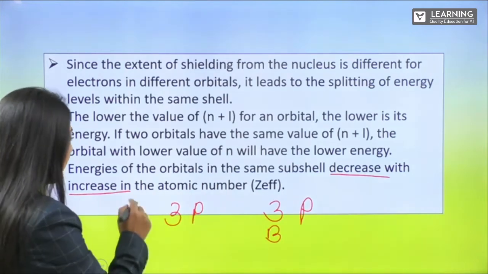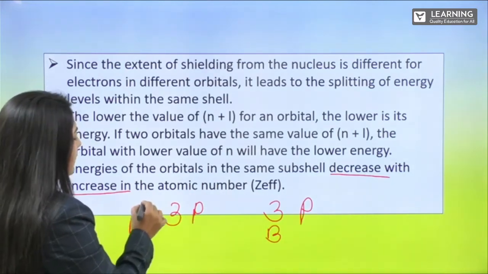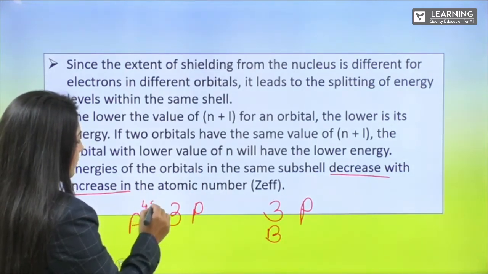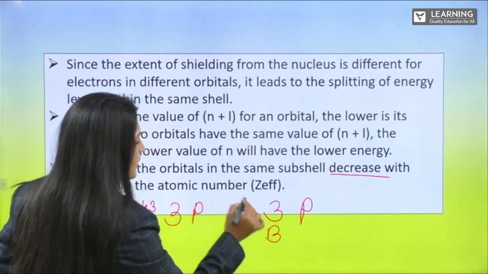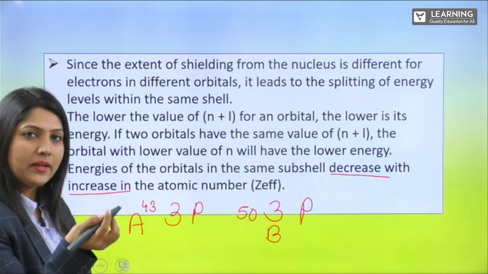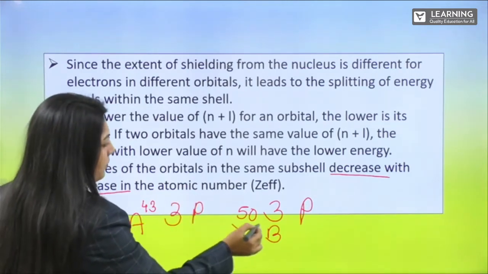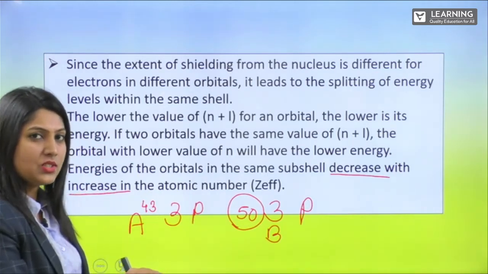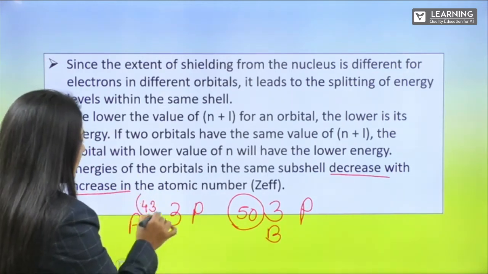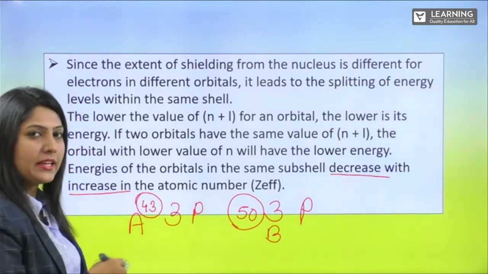That means if I say the atomic number of A is 43 and B is 53, which has the more atomic number? 53. So 53 will have the least energy, whereas 43 will have the higher energy.